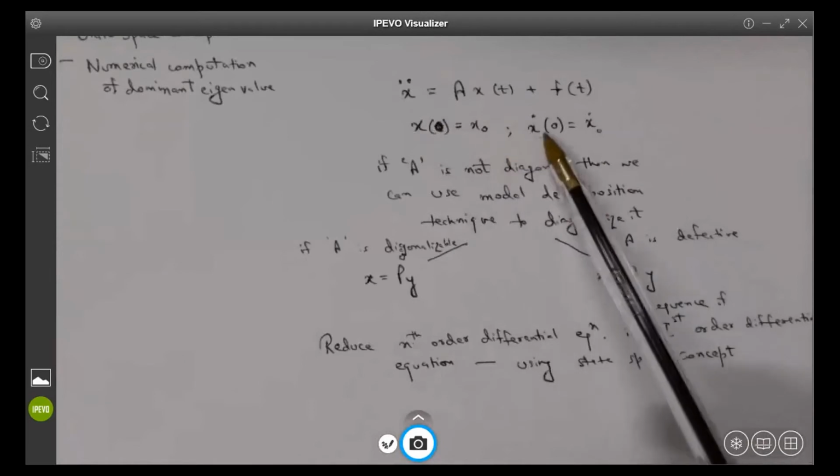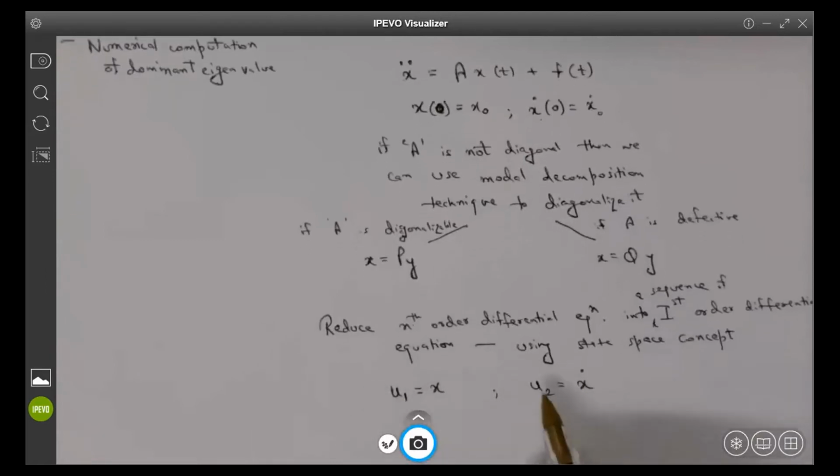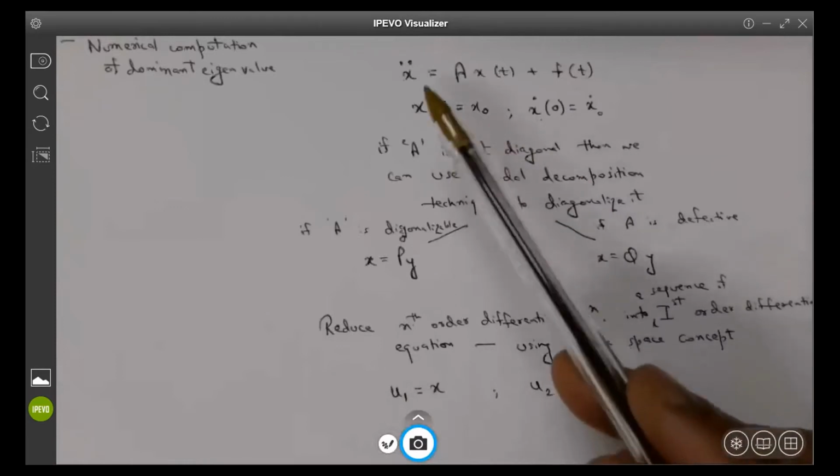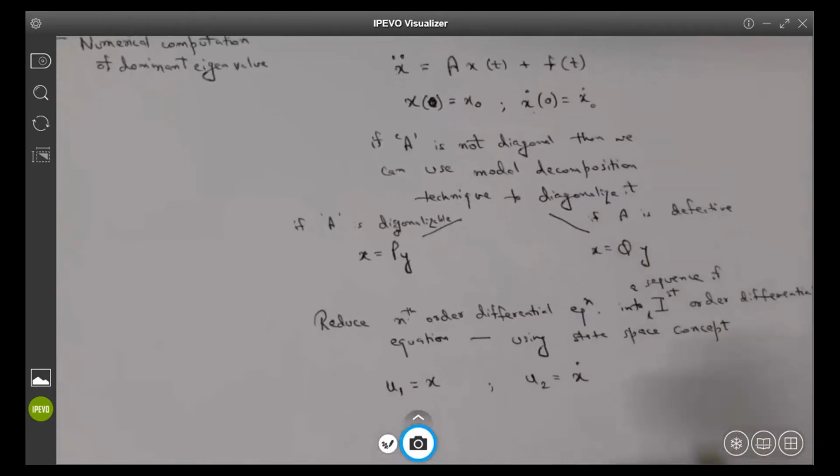Since we have two initial conditions, we can start with two state variables: u1, which corresponds to x, and u2, which corresponds to x dot. Using these two variables, you can convert this system of equations into a set of first order differential equations.